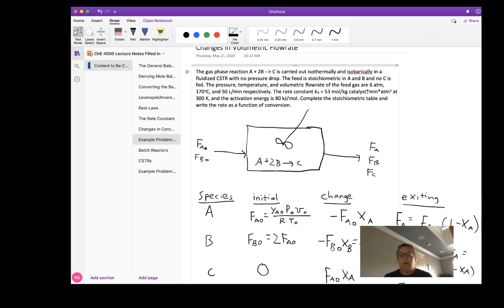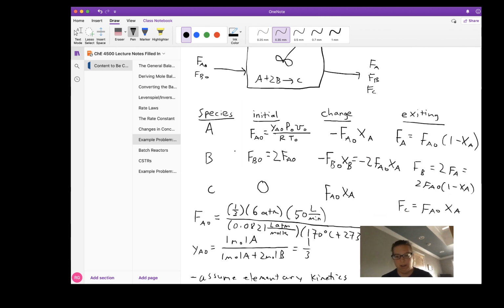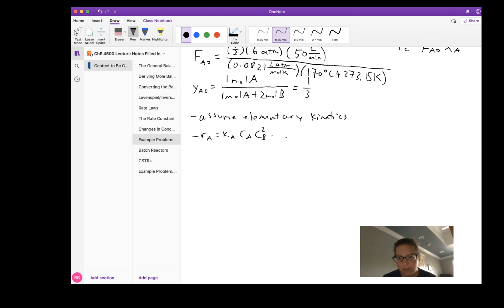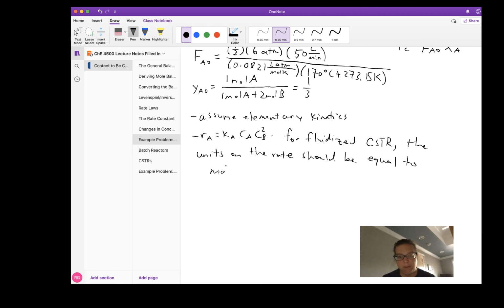So what I want for this fluidized CSTR, my rate is going to be written, I need my overall units in rate. The units on rate are moles per time per mass catalyst.